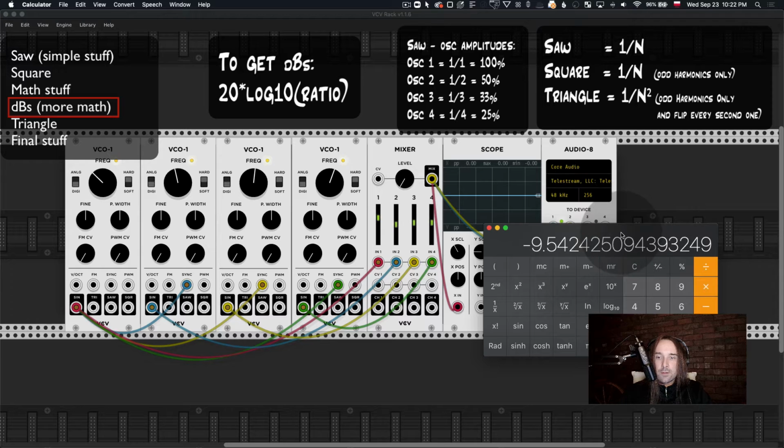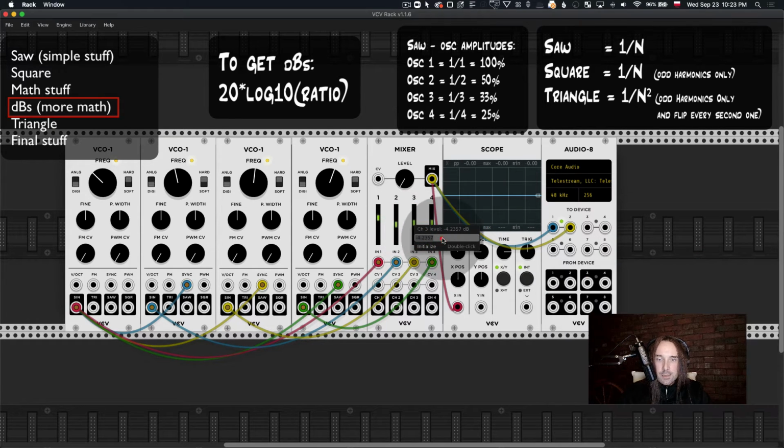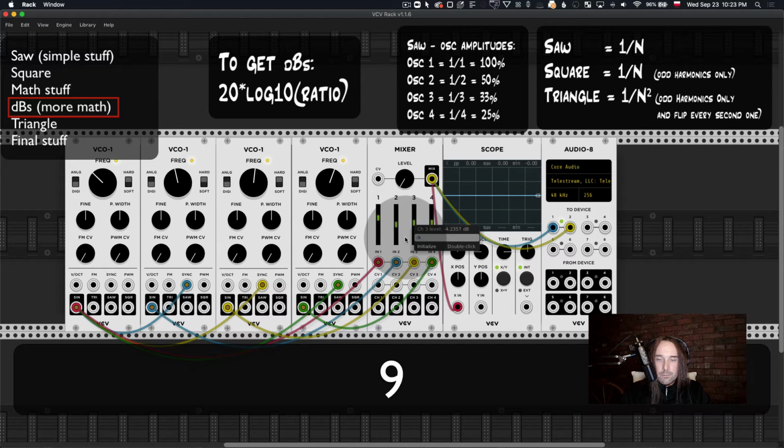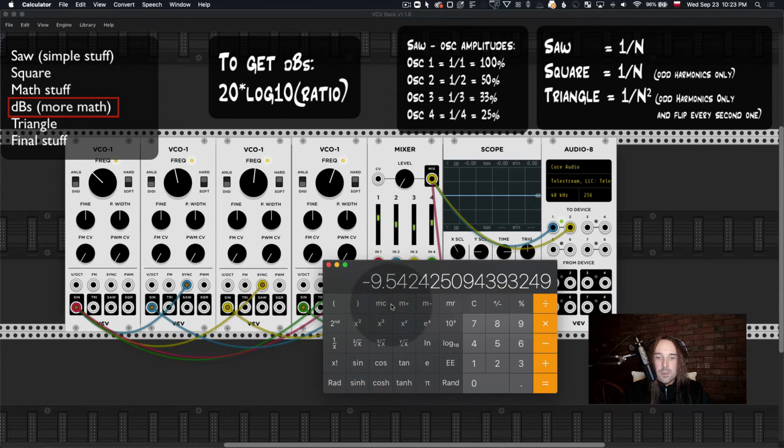So even if you don't care about math, you can always do it at home. Minus 9.5, and if you do it on your own, you can be more specific. You can actually add those extra values here. And so the last one is 1 divided by 4, because it's our fourth oscillator, right? 0.25, logarithm and multiply by 20.